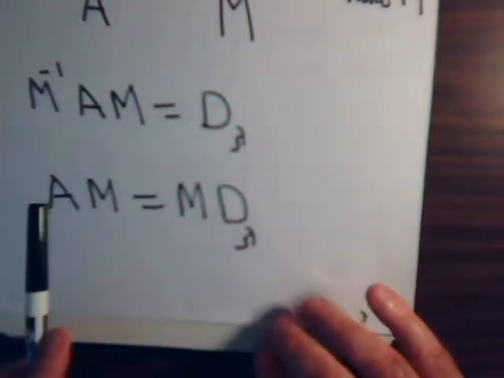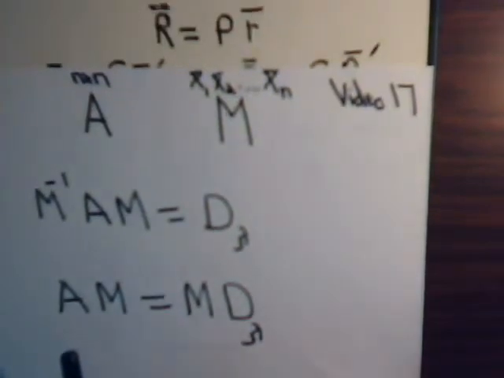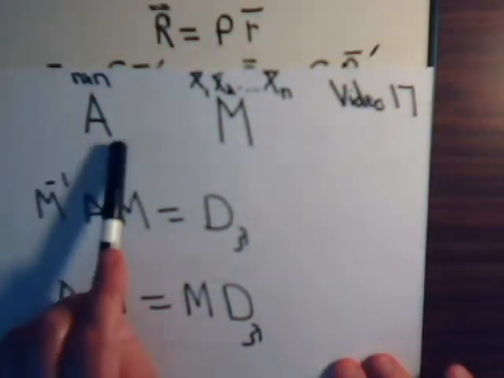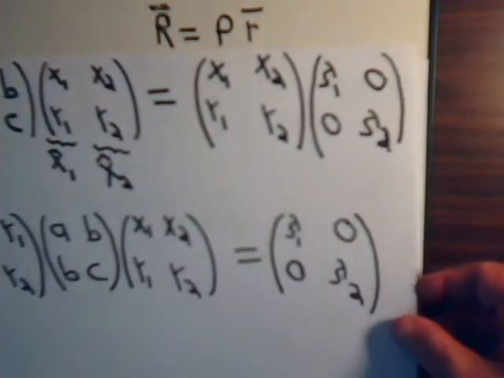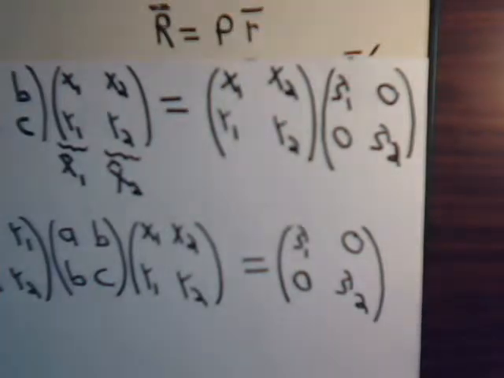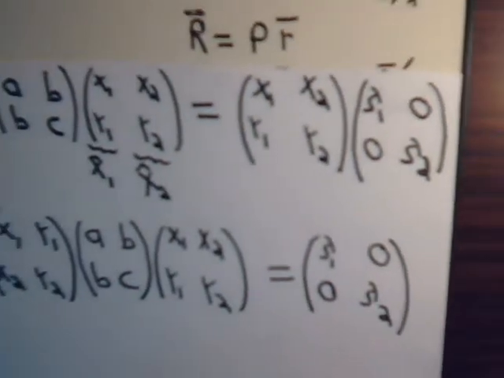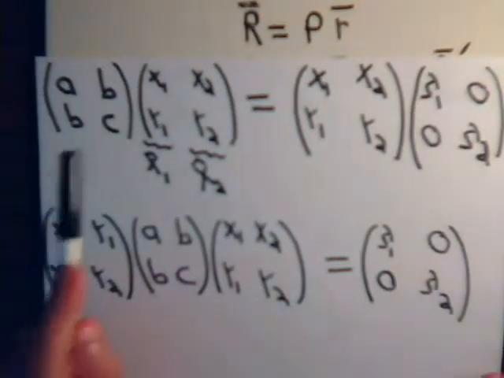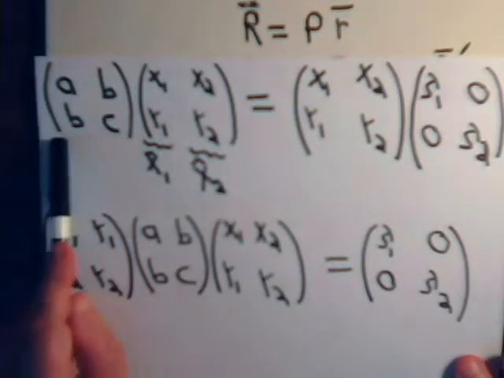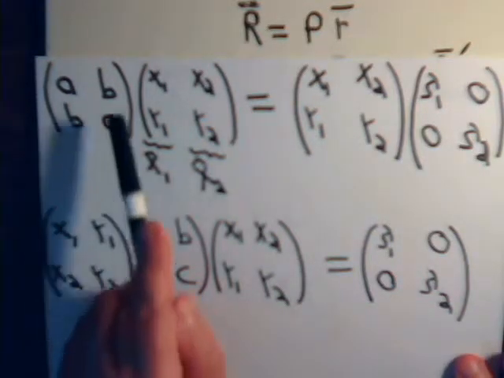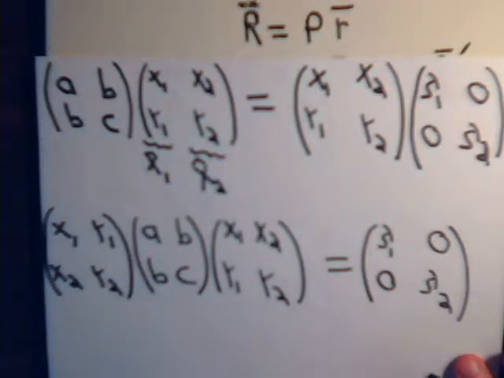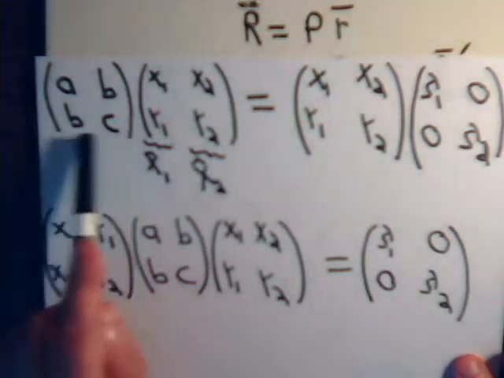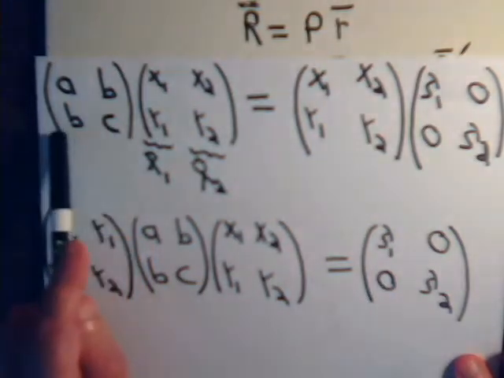Now, suppose that our matrix A is a symmetric matrix. We're just going to deal with a 2 by 2 symmetric matrix. This is matrix A. It's symmetrical because its off-diagonal elements are equal. So if we took the transpose of this, it would just give us that same matrix.